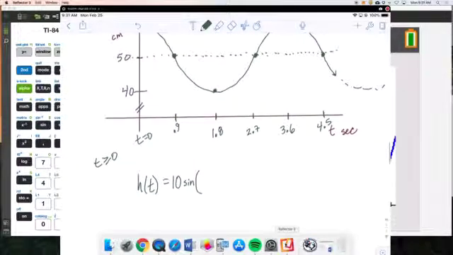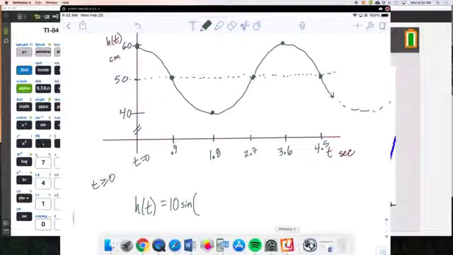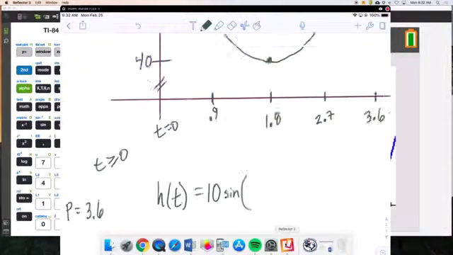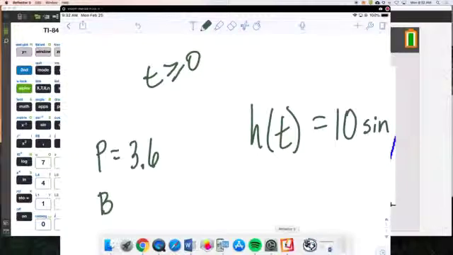What is the period? You call it wavelength in science, right? It's probably easier to measure from crest to crest or trough to trough. So from 0 to a high point, where's the next high point? 3.6, yeah. 3.6 seconds. All right, so now the B value, that's going to be 2 pi over 3.6.